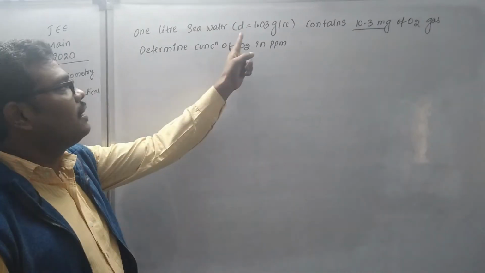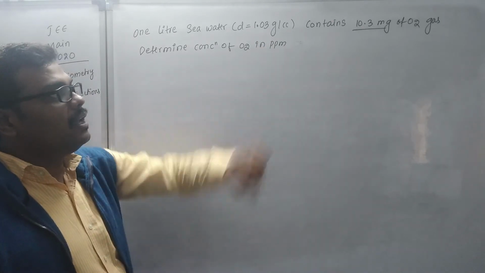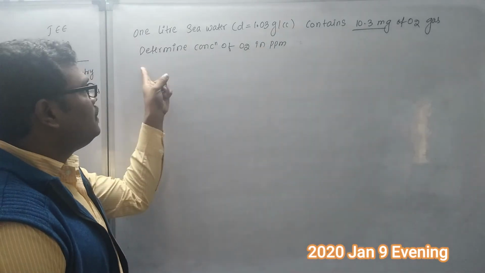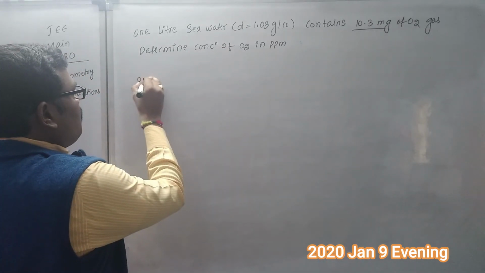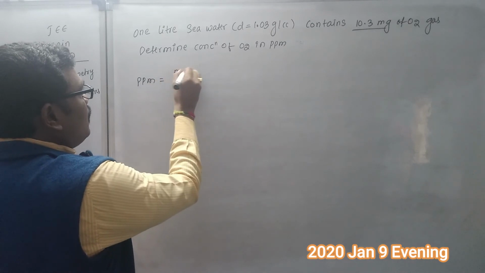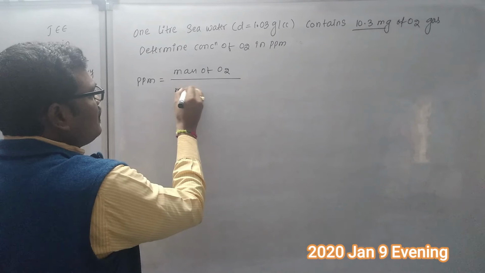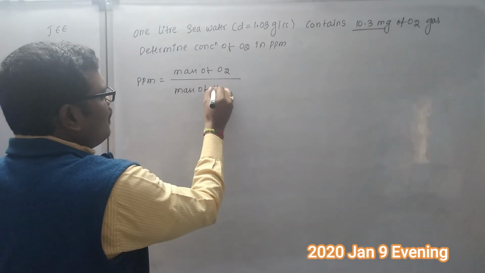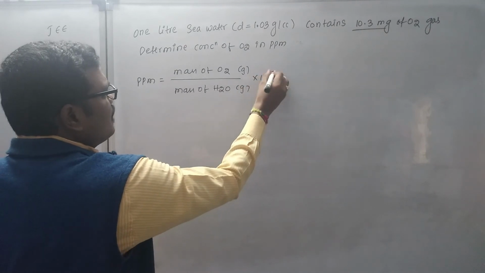1 liter seawater of density 1.03 gram per cc contains 10.3 milligrams of O2 gas. Determine concentration of O2 in ppm. You know, formula of parts per million is equal to mass of oxygen by mass of water. Both should be expressed in grams times 10 power 6.